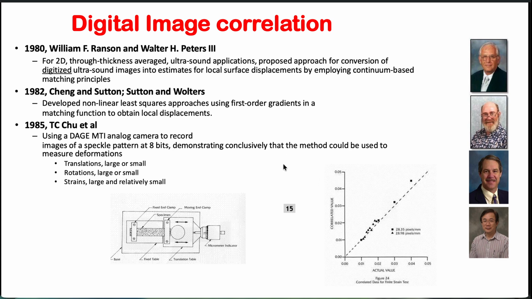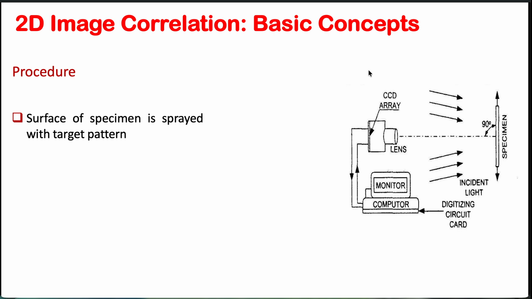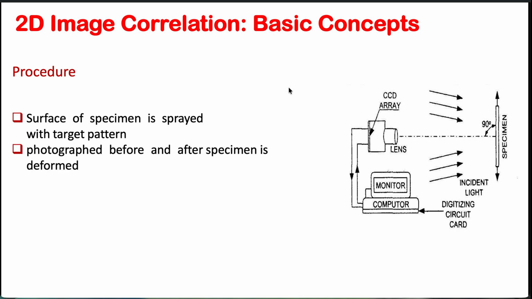So the digital image correlation was developed mathematically by these guys, and the idea is to take a picture from a specimen, and then as you're applying the load, a couple of pictures, and measure how each of the speckles have moved. So the procedure is you have to create a speckle pattern, of course, usually with a white background and black dots, and then you have to photograph the specimen as you are applying the load.